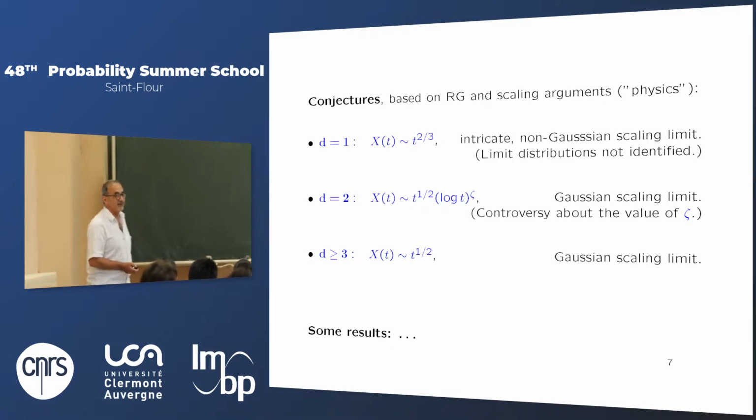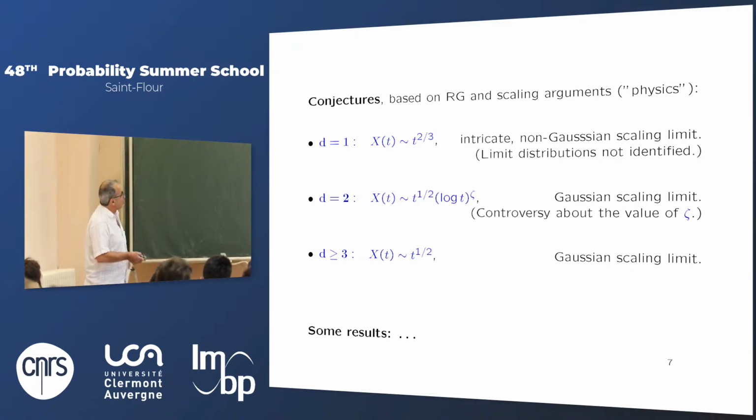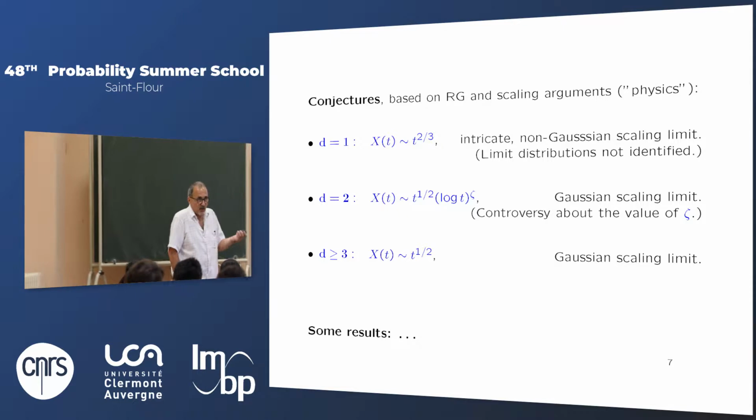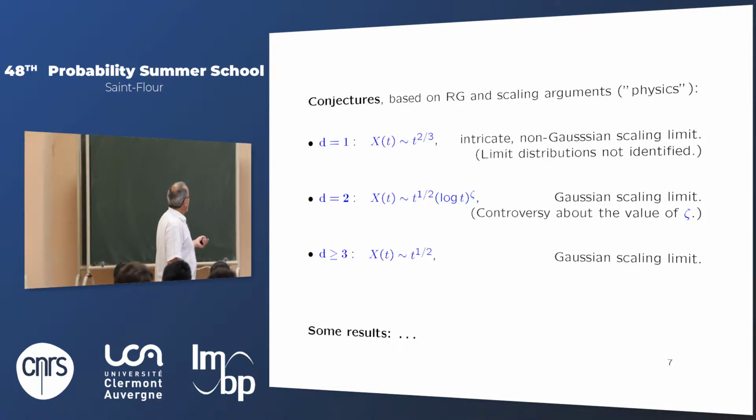It's not totally by chance, this 2/3. And the limiting distribution is something unusual. That comes out from the scaling argument, which is not a rigorous one.